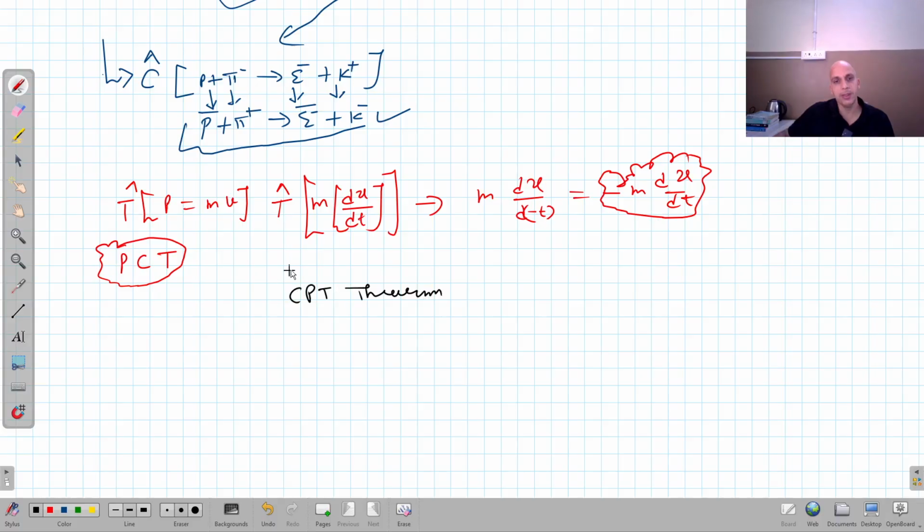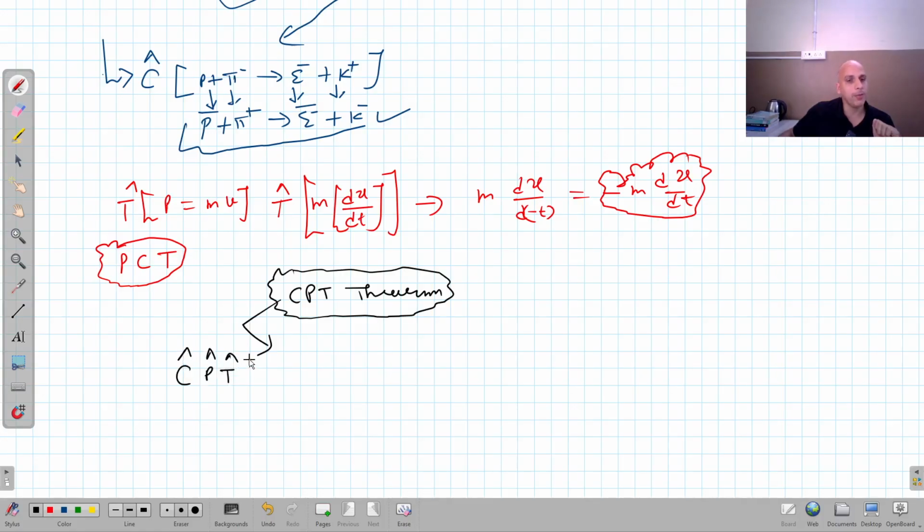This CPT theorem in particle physics or high energy physics states that all the processes in nature are invariant under the combined operation of CPT. It means if I apply the C operator, parity operator, and time operator on any process in nature, then that process will remain invariant. Invariant means it will remain as it is, it will not change.